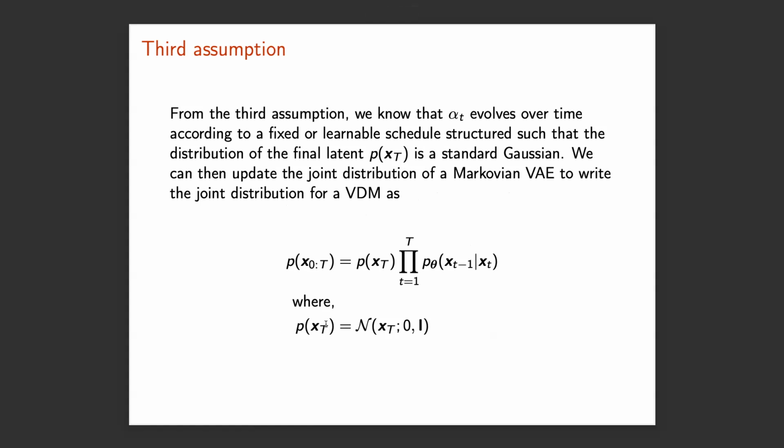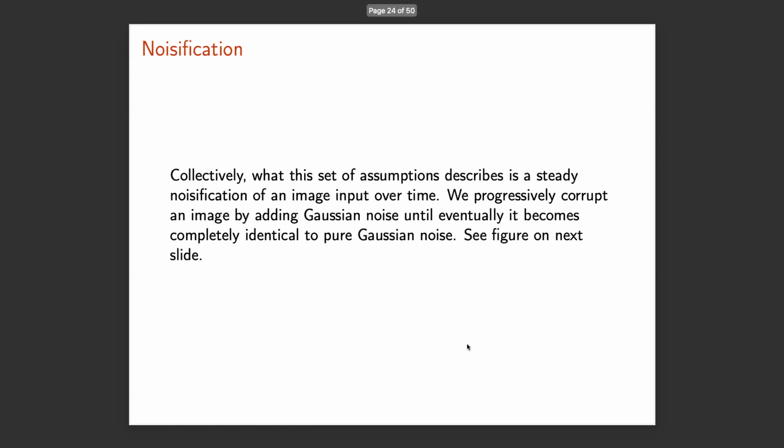A pretty common approximation is that the posterior, as we did in a standard variational autoencoder, is just a Gaussian with 0 mean and 1 as variance. And this makes it a little bit easier to train the models. So collectively, what this set of assumptions describes is a steady noisification of an image input over time.